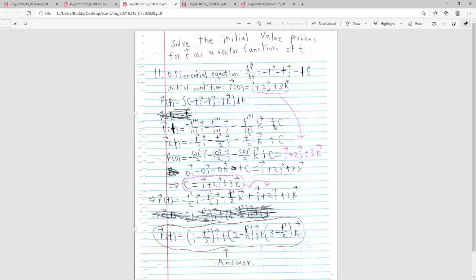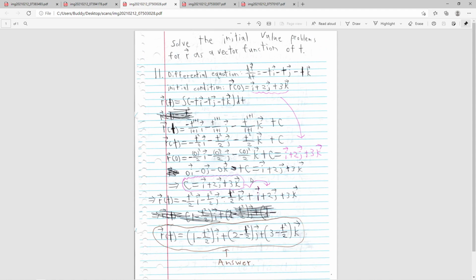So you add the constant c, and then you plug in r of 0 to get basically 0i minus 0j minus 0k, because 0 squared over 2 is going to be 0. And plus c is equal to, from the initial condition, i plus 2j plus 3k, so c is equal to i plus 2j plus 3k.